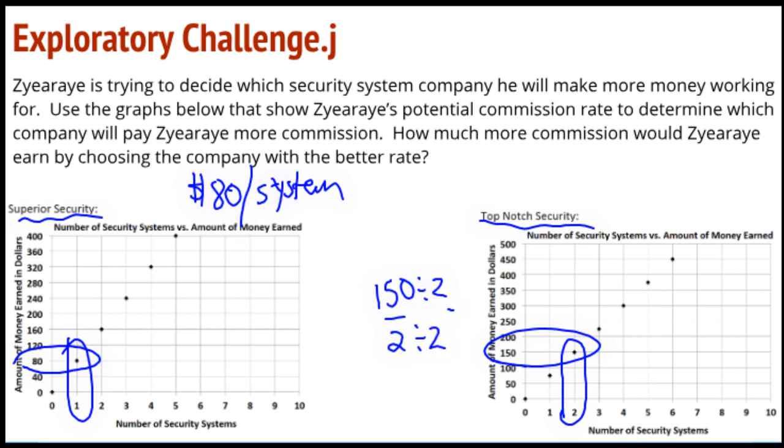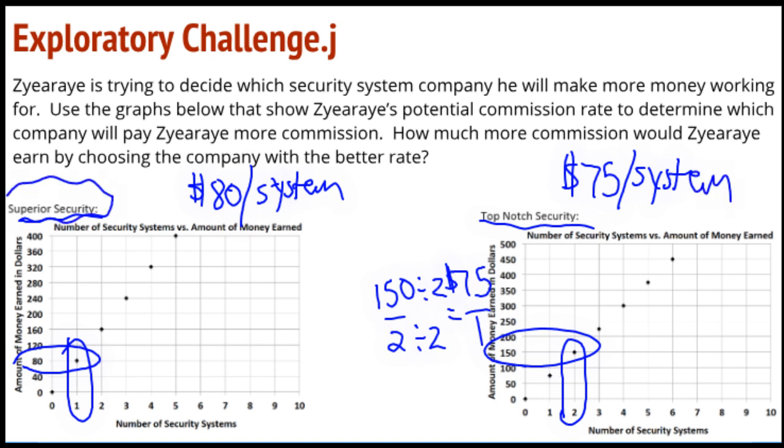Take this down to 1 system and find out that I've got $75 per system. Which means that Superior Security is paying an additional $5 per system. So how much more commission? $5 per system.